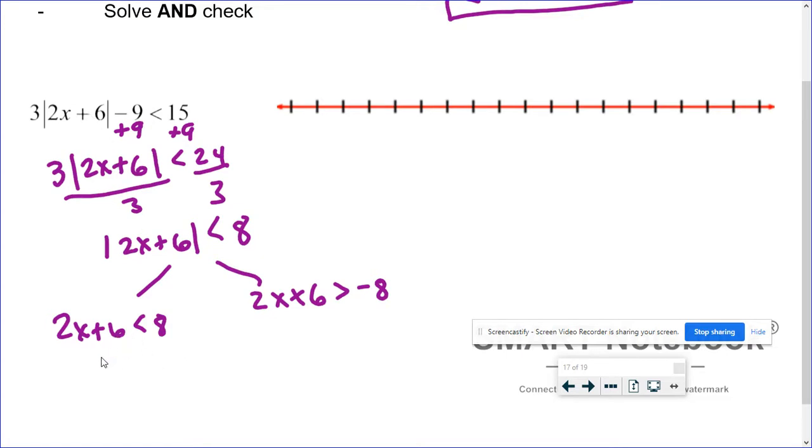Now I'm going to just subtract 6. You get 2x is less than 2. Divide by 2 and you get x is less than 1. Here I'm going to subtract 6. I get 2x is greater than negative 14. Divide by 2 and you get x is greater than negative 7.